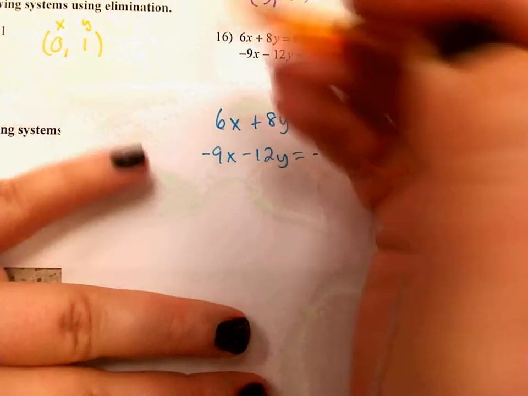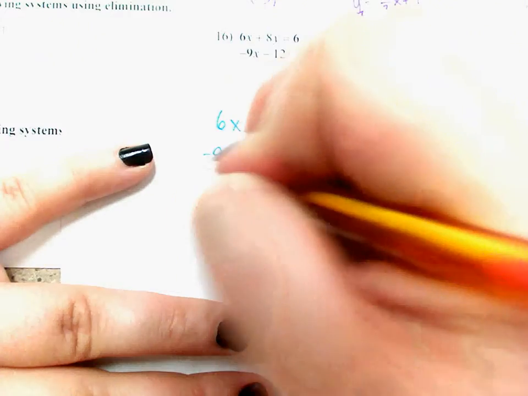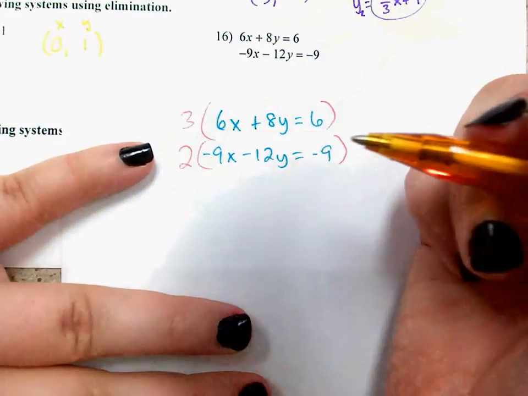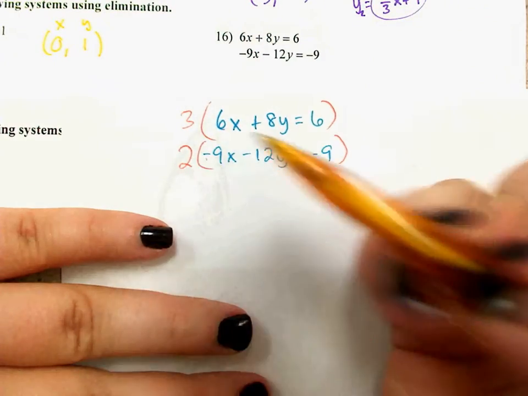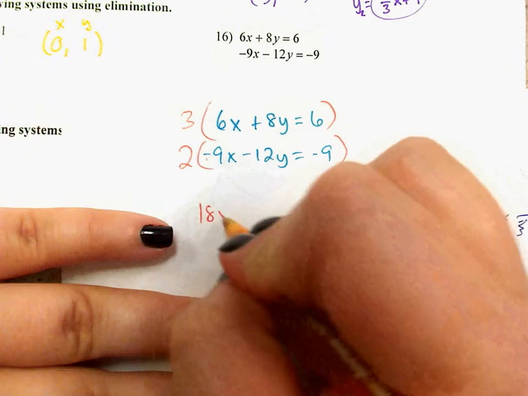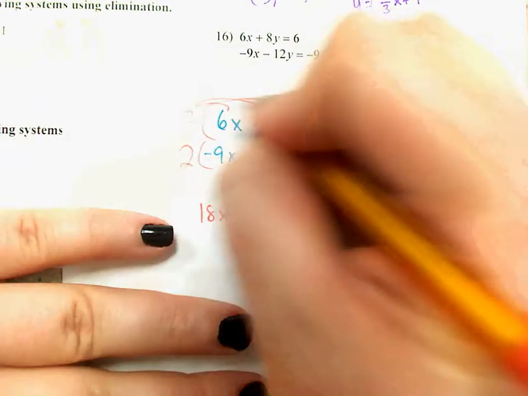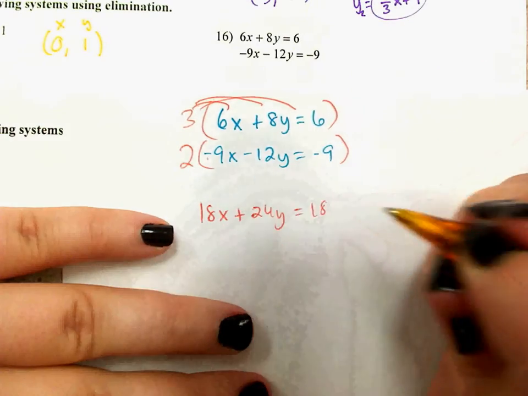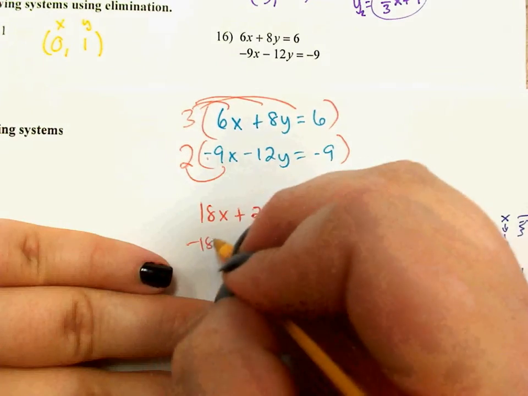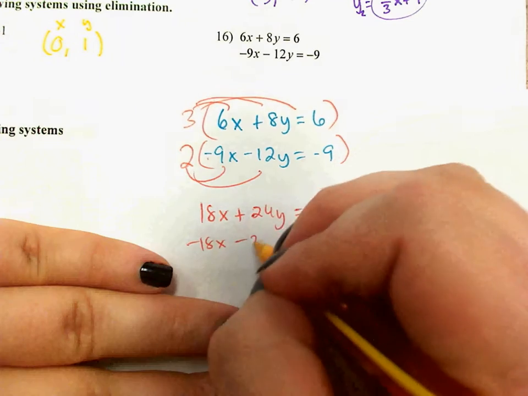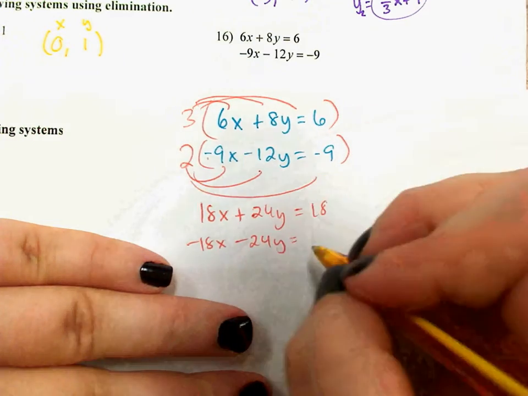So I would have 18x plus 24y equals 18. And down here I would have negative 18x minus 24y equals a negative 18. And what I would end up with is 0, 0, and 0. Which is not like an answer.